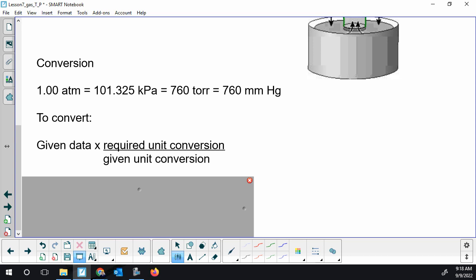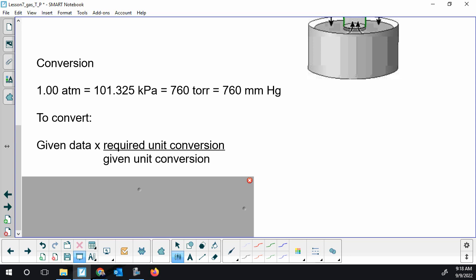So I'm about to do a couple examples of converting one unit to another. I'm going to take the given data, whatever units, maybe we have 800 torr that we want to convert. That would be our given data.